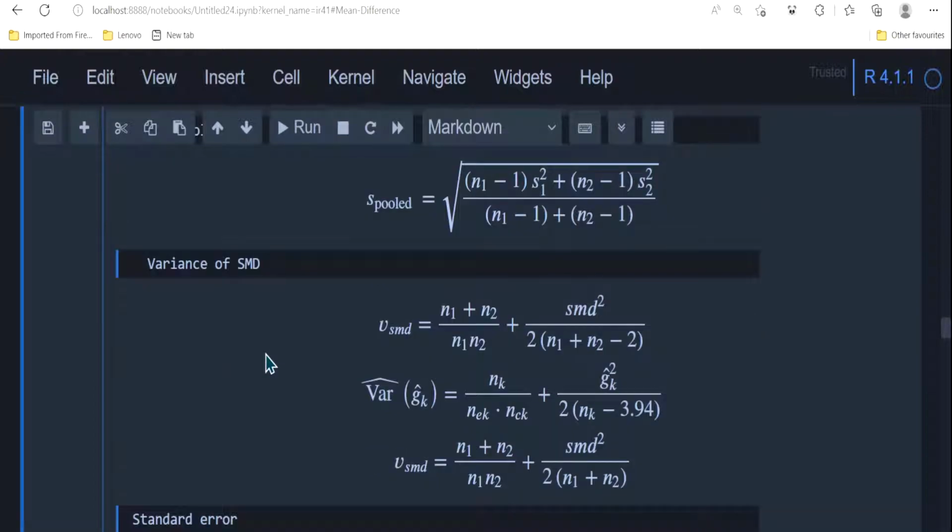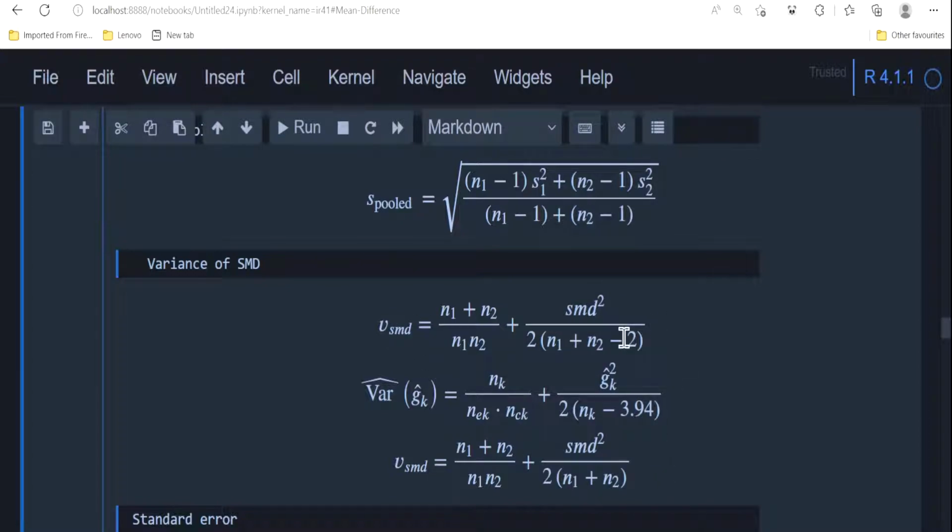Actually, there are 3 different ways of calculating the variance of the standardized mean difference.